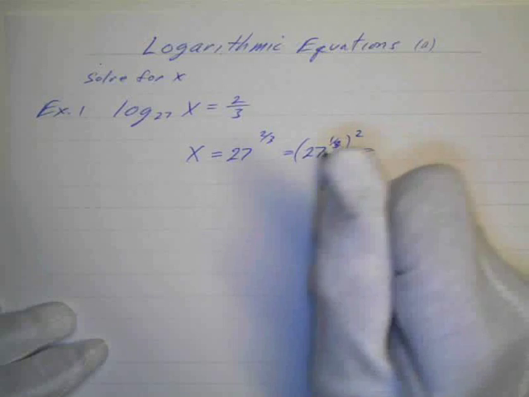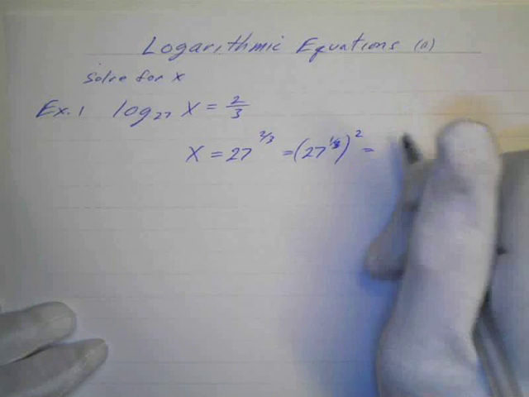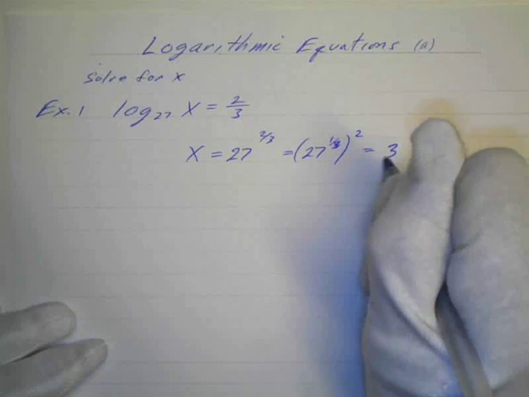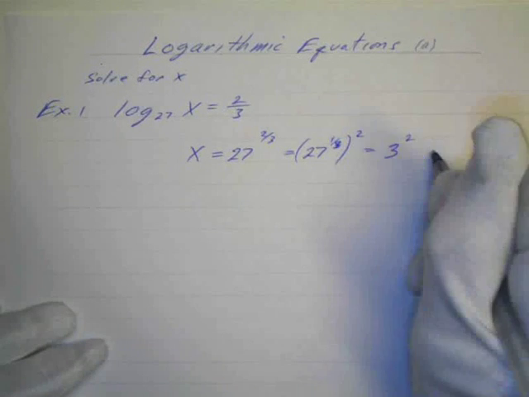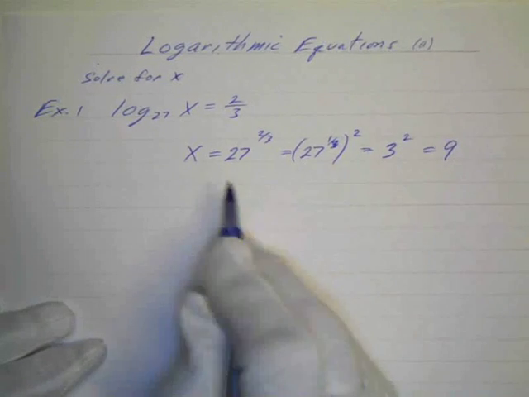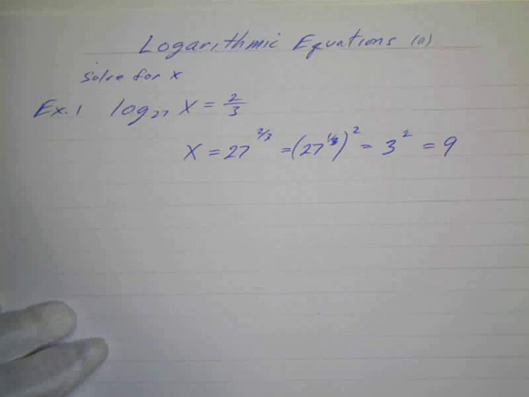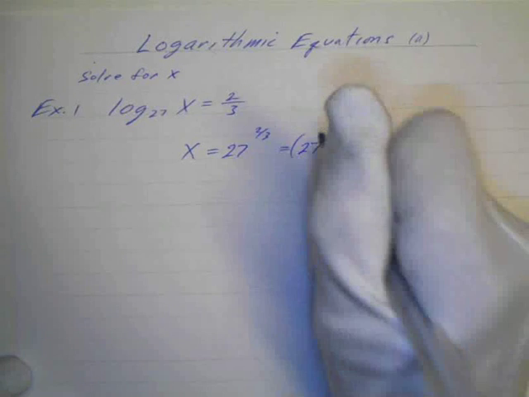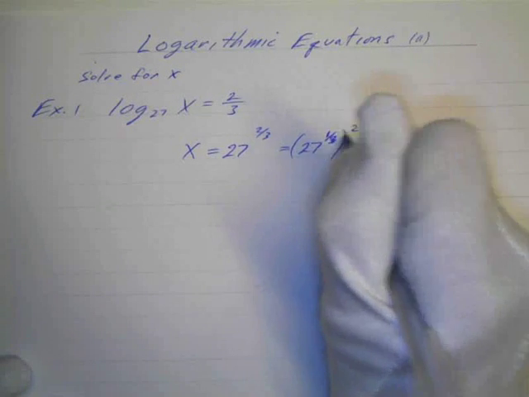And the 1/3, or the cube root of 27, is 3, because 3 times 3 is 9 times 3 is 27, so that's going to be 3. Squared, and what's 3 squared? 9. So x would equal 9. Okay, so that would be easy to deal with. Okay, so x equals 9. Again, this is a 1/3 power, excuse me.